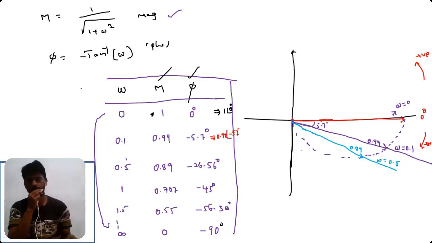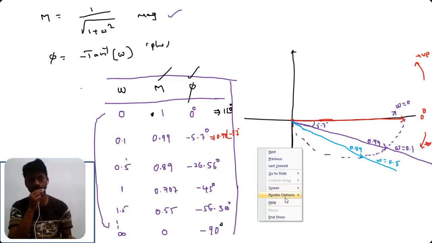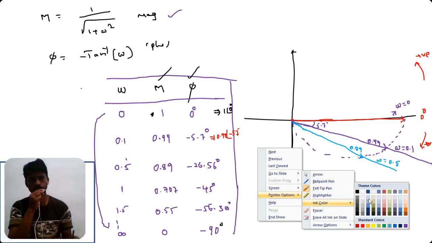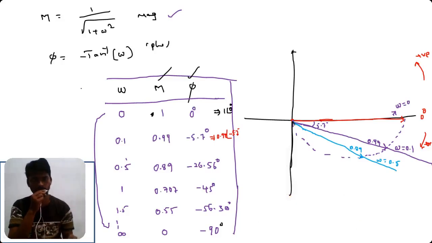Similarly, for omega equals 1, the magnitude value is 0.707 and the angle is minus 45 degrees. Let this be the 45 degrees in the clockwise direction.